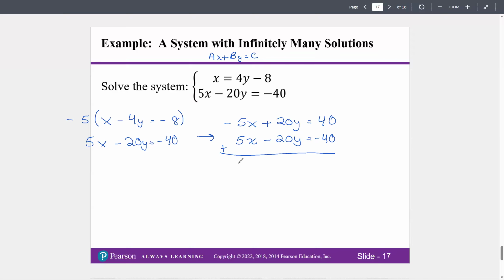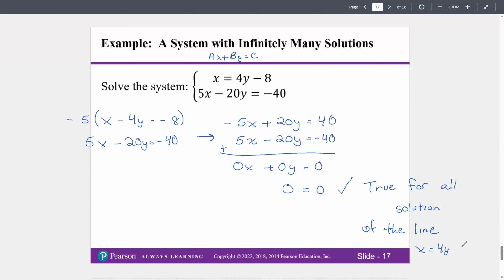If we add that together, we have 0 x's, 0 y's, and 40 minus 40 is 0. So we get 0 = 0, which means that's true for all solutions of the line x = 4y - 8, which is actually the same as that line.